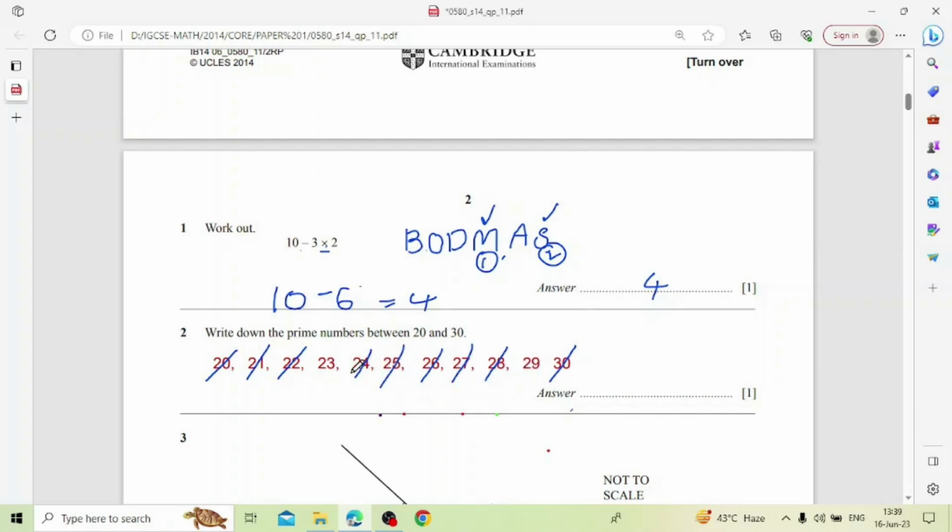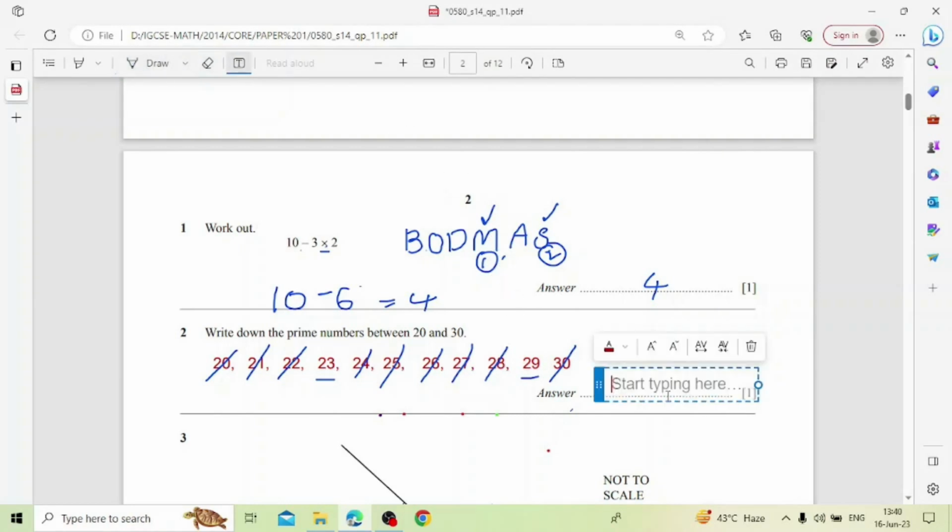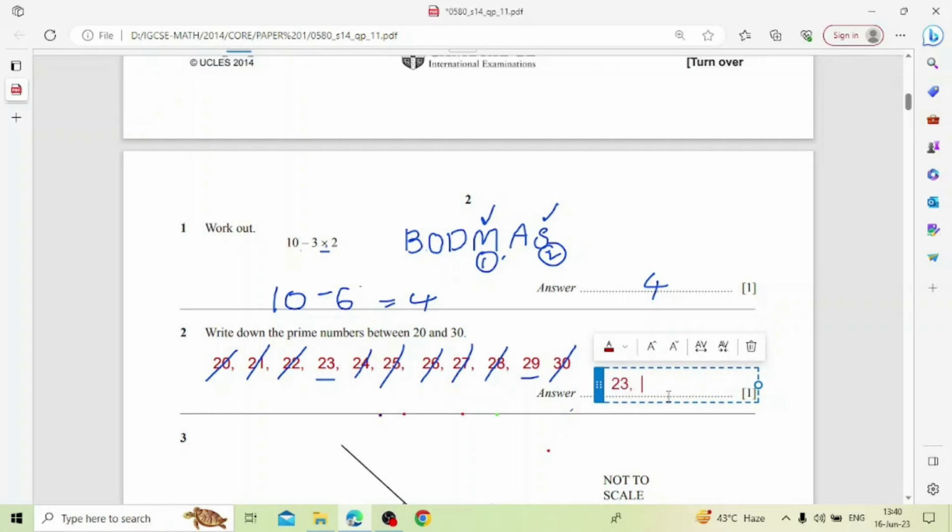Now 6, 7, 8, 9, till here you have to check whether these numbers are divided or not. Whatever the crossed ones are, they are composite numbers. Now what are left over? 23 and 29. So we are going to write here the numbers which are primes: 23, 29.